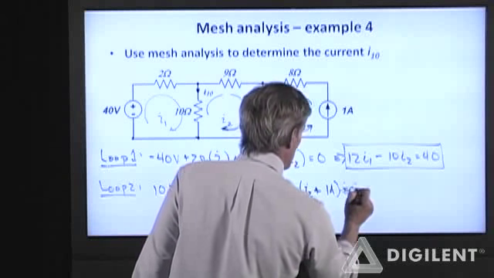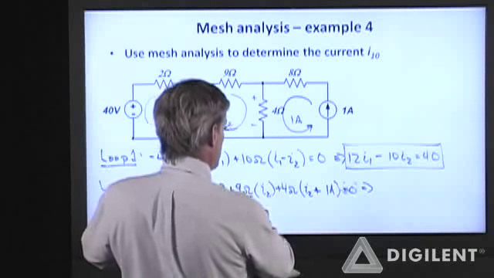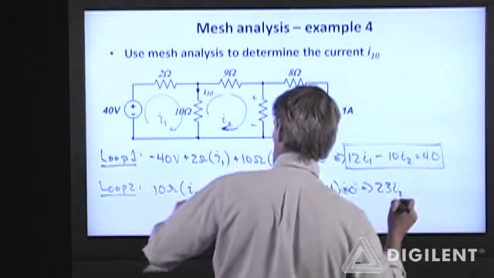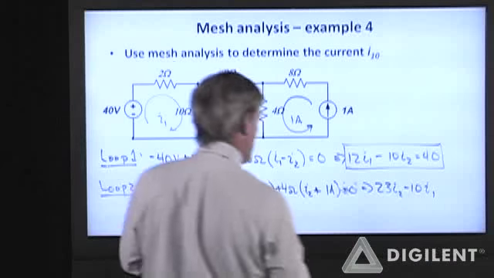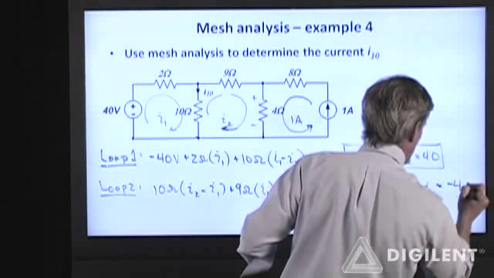That sums to 0, so I end up with 23 I2 minus 10 I1. This is a 4 times 1, which goes over to the other side.